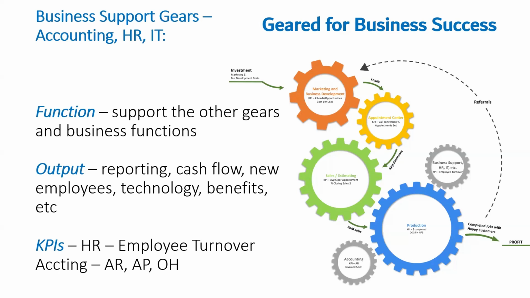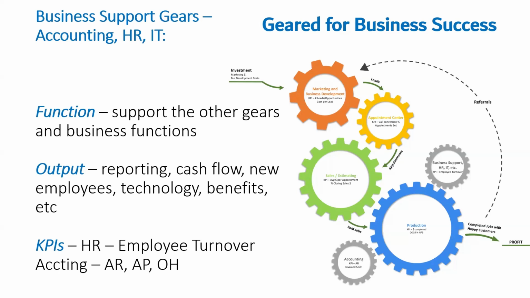KPIs that you'll see in HR, you might see employee turnover as a common KPI there. We want to know if we're having a problem with turnover. Definitely a KPI that's used more for businesses that have scaled a bit and gotten a little bit bigger.